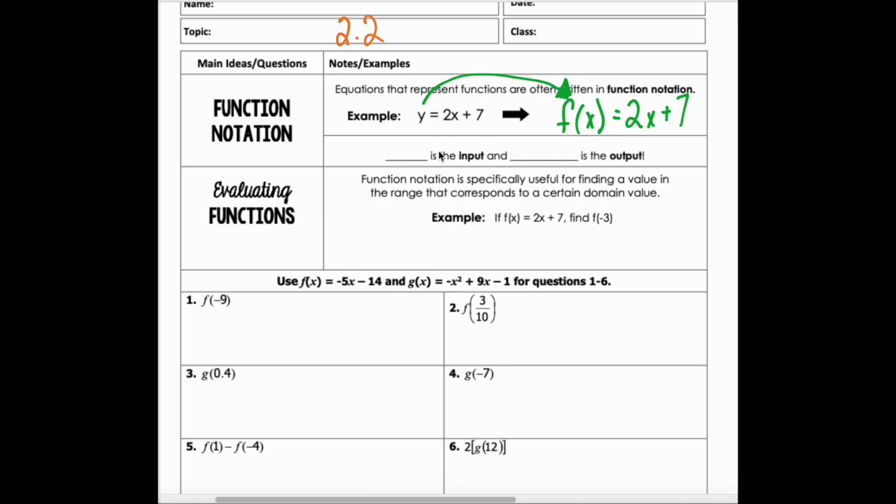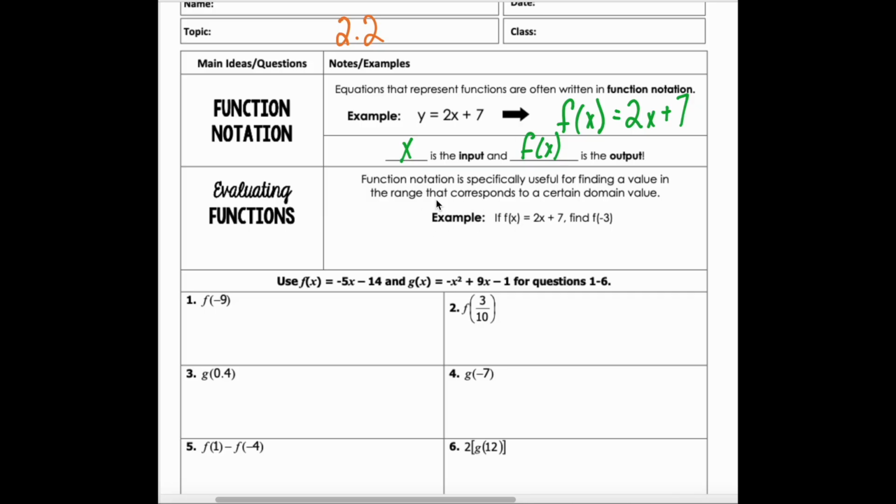When we talk about f of x, x is your input and f of x is your output. Sometimes we make things more complicated than they have to be, but the same rules apply, except we're changing how it looks to be in function notation.